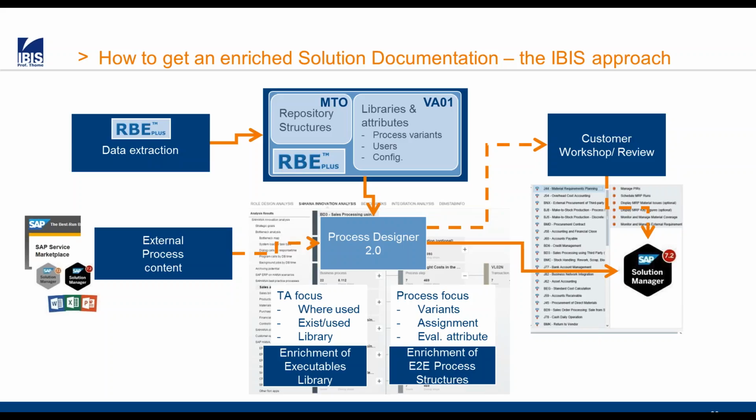Because in all our prior projects, we found that there is so much different information available from the customer side, and you need to include it into your process model to be able to provide a full picture of what you're really doing.